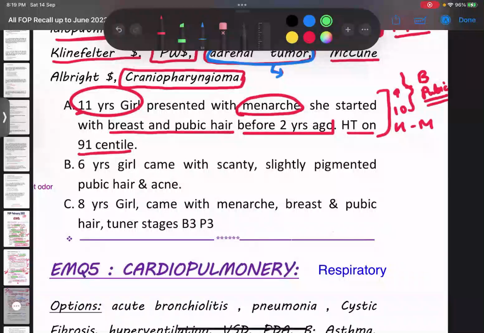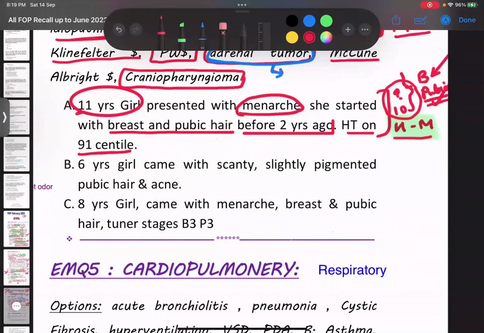Absolutely. See, at 11 years, she is having menstruation, and the age of puberty in case of a girl is from 8 years. If she started her breast development, which is the first sign in case of girl, and pubic hair around 9 years, it is absolutely going in order: breast development, pubic hair, axillary hair.